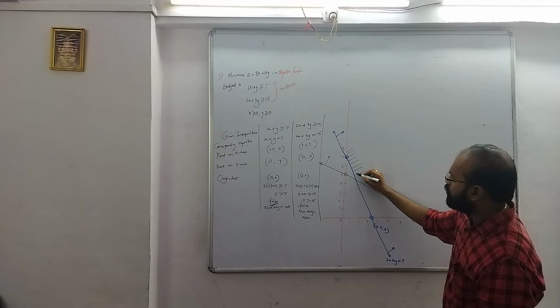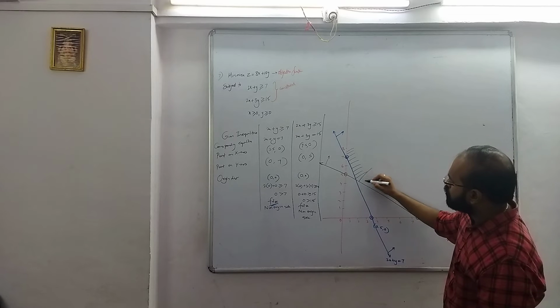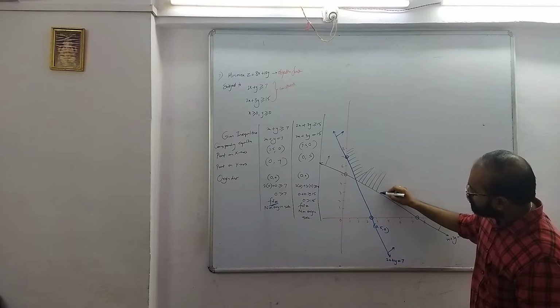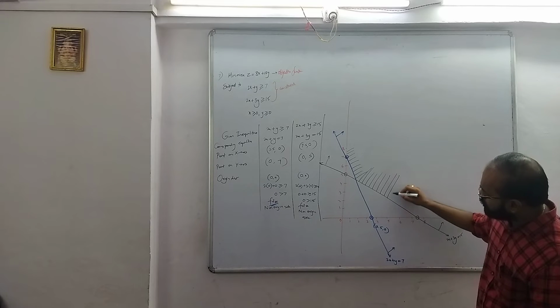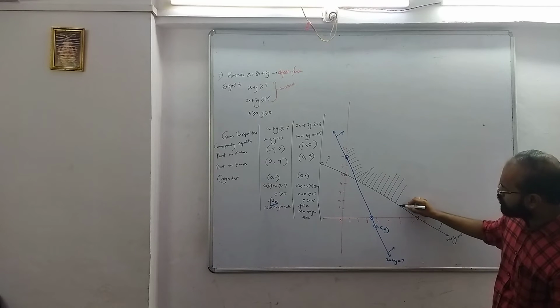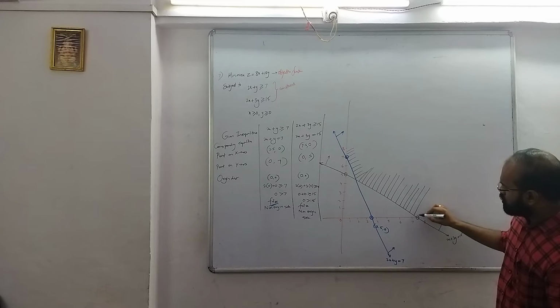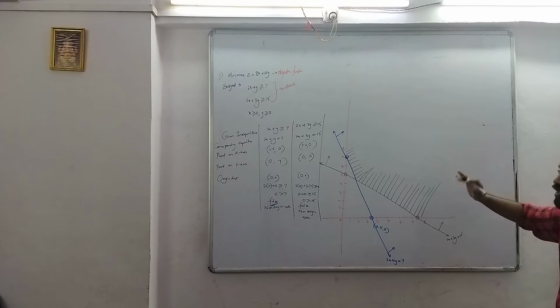Away from this line, also away from this line. So this region over here, as you can see, is unbounded. This is not a closed region. This is going away from the origin.